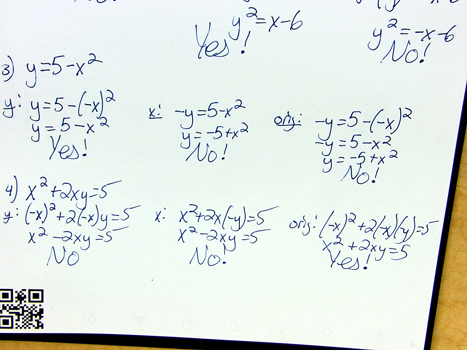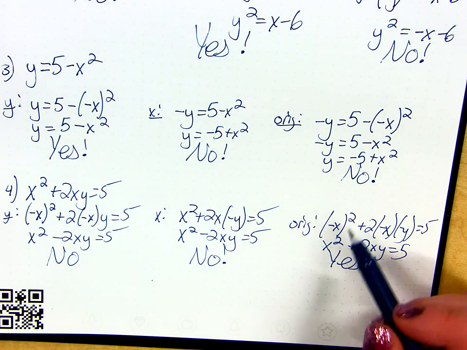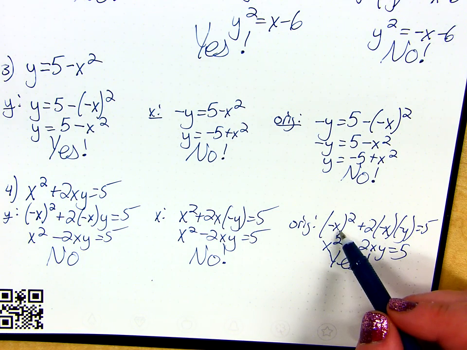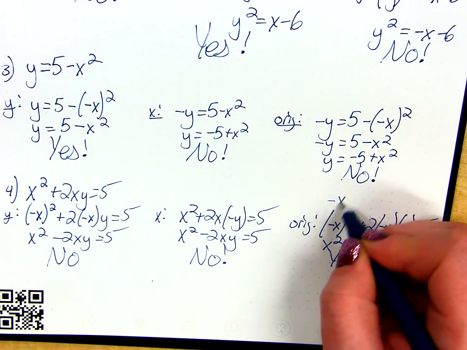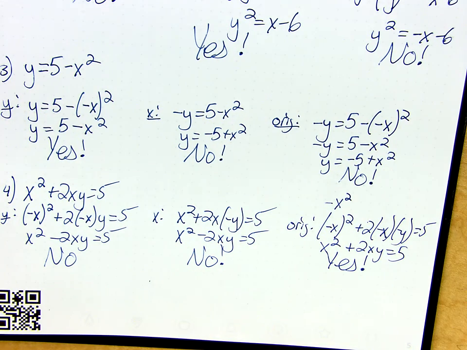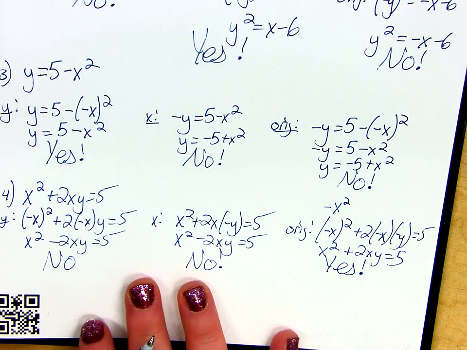Yep. So if the negative x wasn't in the parentheses, what would it... Like if you didn't put parentheses there? Yeah. So if you have this, that's really negative x squared. So let me do it with numbers if that's okay.